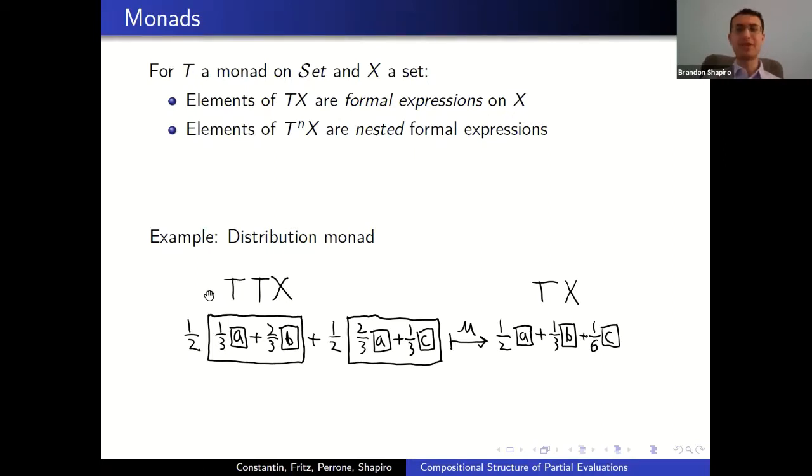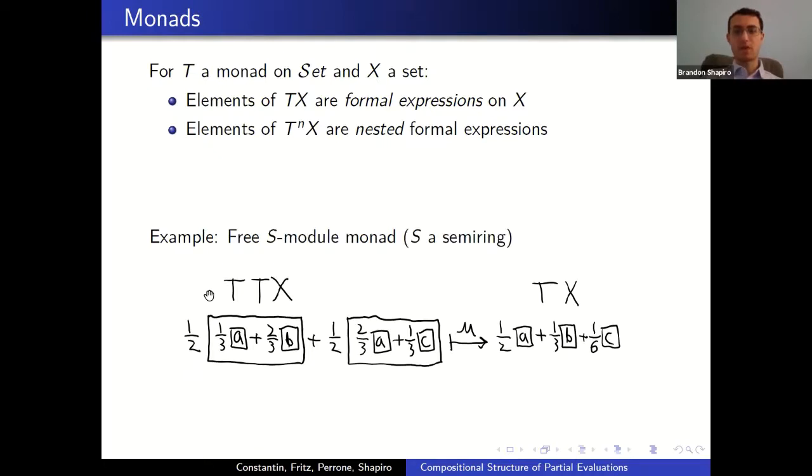You can check that this doubly nested expression gets sent to this single nested expression after doing that. This is part of why we like this notation: the multiplication is just removing outer boxes, and the unit is just drawing a box around the outside. And we get some even nicer things later on, which we'll see.